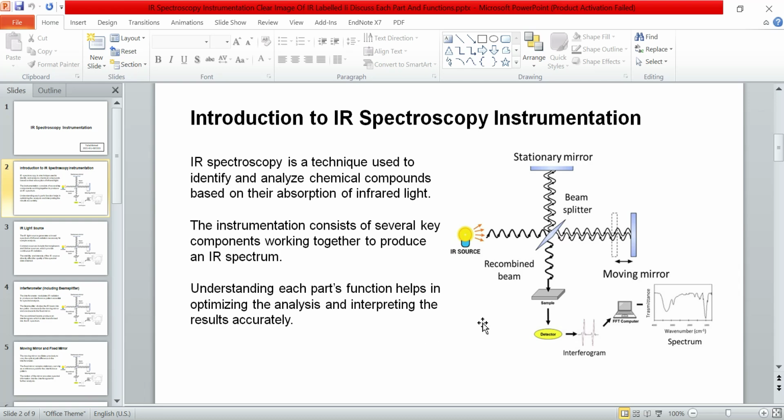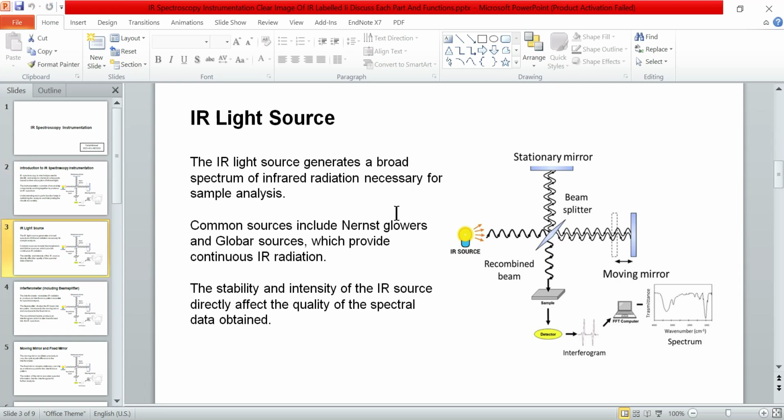When we use all these components of IR effectively, we can easily analyze and get an accurate result for that compound. Now, first of all, we can study the infrared light source.